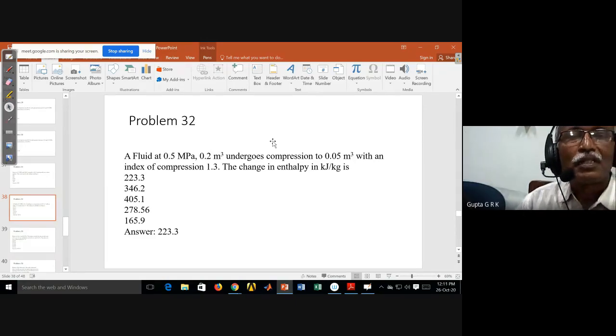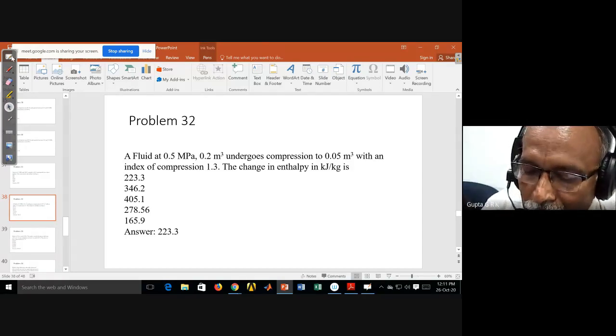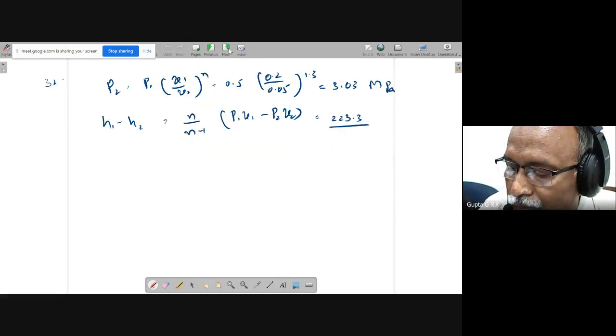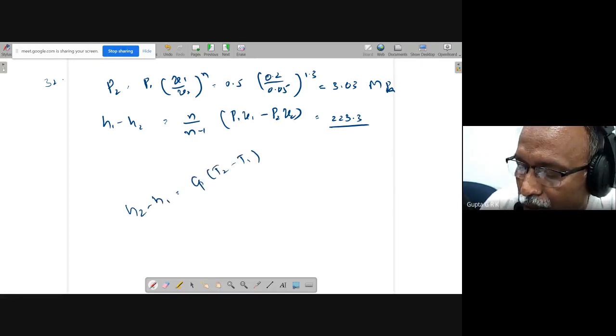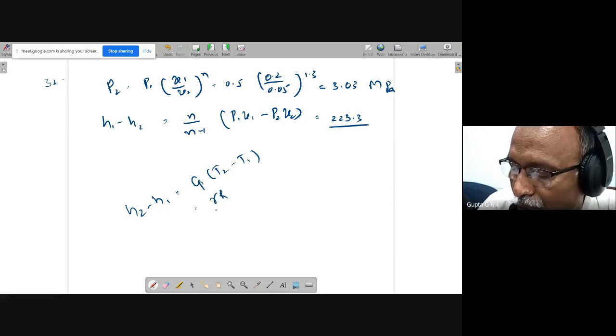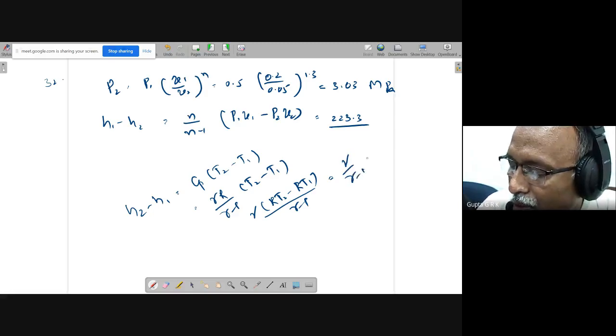If it is isentropic, H2 minus H1 is Cp into T2 minus T1, which equals gamma R by gamma minus 1 into T2 minus T1. So gamma into RT2 minus RT1 by gamma minus 1, or gamma by gamma minus 1 into P2V2 minus P1V1.